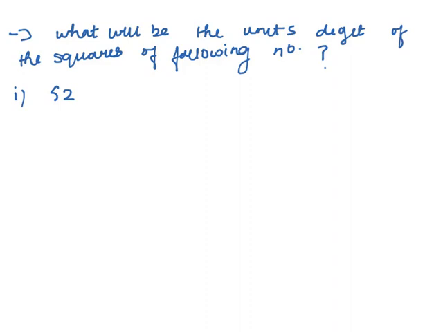In the next question we have to identify the unit digit of the square of a number. We have to identify the unit digit of 52 square. This property we learned in the previous video.